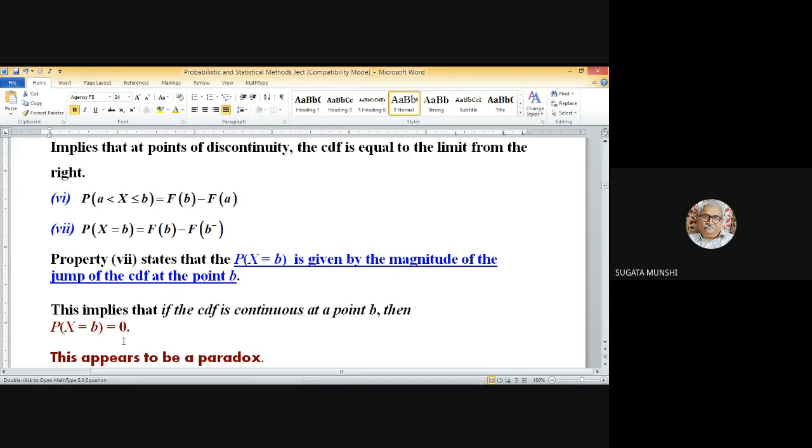I should have stopped 15 minutes earlier because all of us were engaged in this general viva voce for the final year students, but I thought that without addressing this particular thing, that probability of X equal to B will be 0 if the cumulative distribution function is that of a continuous random variable, unless I do that, the discussion will remain incomplete.